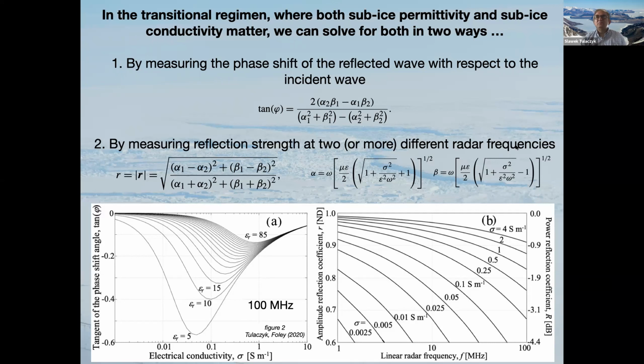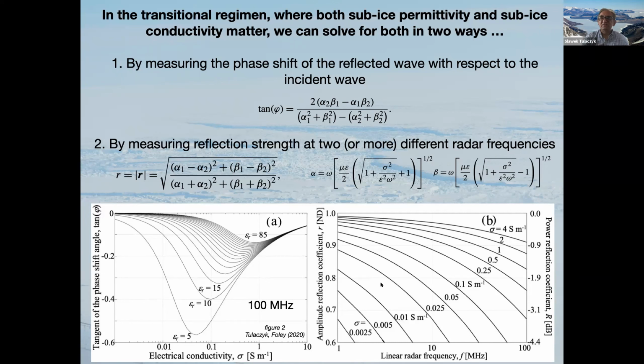And if you do see differences between frequencies, then you can explicitly calculate, from at least two values of reflection strength for a given place at two different frequencies, the permittivity and the electrical conductivity of the sub-ice material.